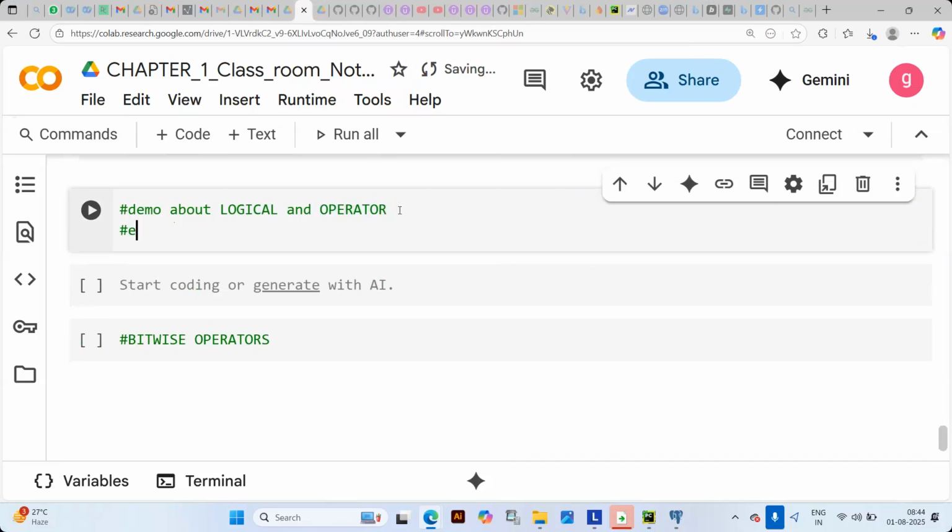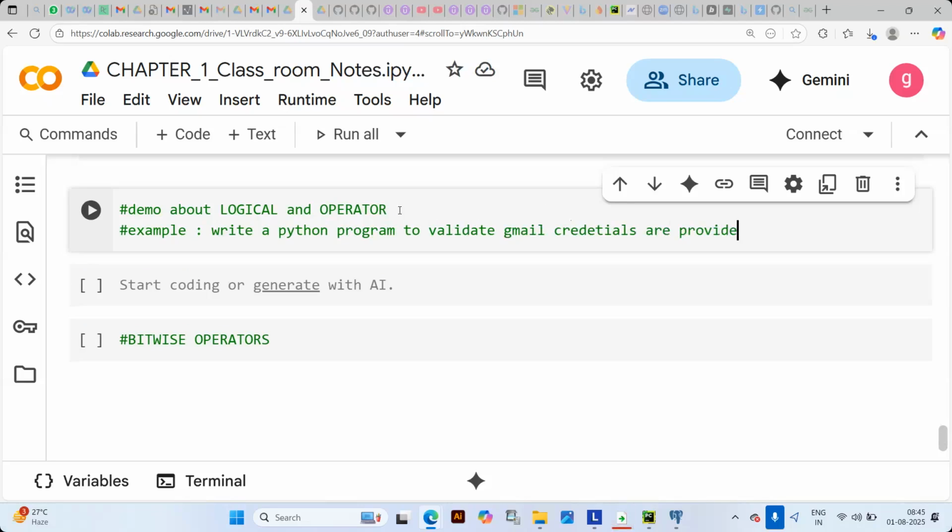Let us suppose you take one example: write a Python program to validate whether Gmail credentials are provided properly or not.